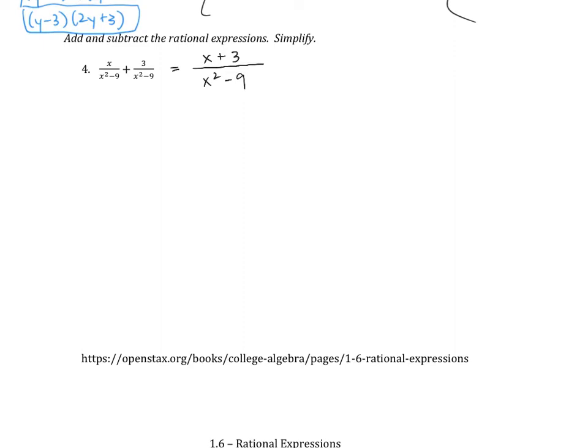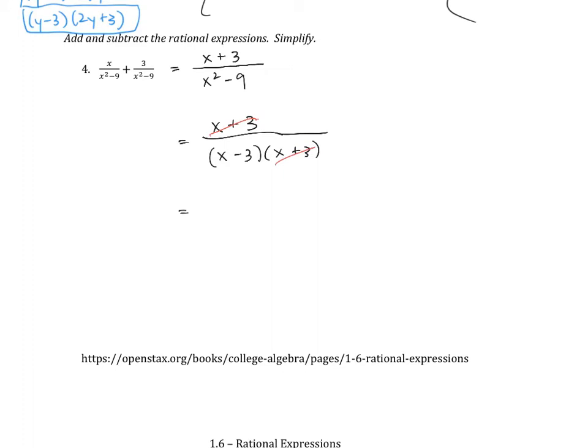That's the adding part. Now, remember that when you have fractions, you always try to reduce. So you want to simplify this. So you want to try to factor. The bottom will factor because it's a difference of squares. So the top is x plus 3. The bottom factors into x minus 3, x plus 3. And notice that you do have common factors.